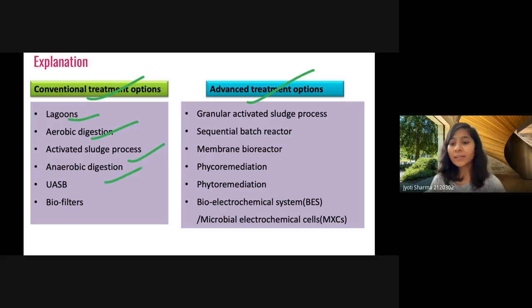Then anaerobic, in the absence of oxygen, but again we are using microorganisms to clean the water. Then UASB, this is again anaerobic digestion. We will talk about this as well. Then biofilter. So this will come under conventional treatment options. But if we are talking about advanced, then this will be granular activated sludge process, sequential batch reactor, membrane bioreactor, phycoremediation and phytoremediation, bioelectrochemical system.